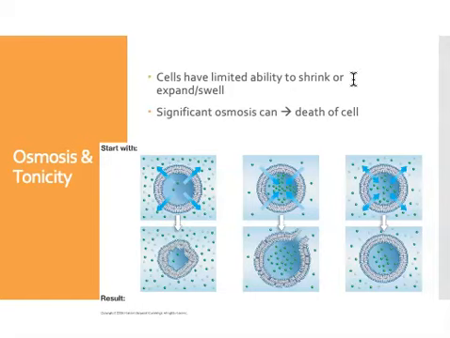Take a look at the diagram on this slide. This represents different osmotic events around a living cell. If you start over on the right-hand side of the diagram, up at the top, you're looking at a representation of a cell here.